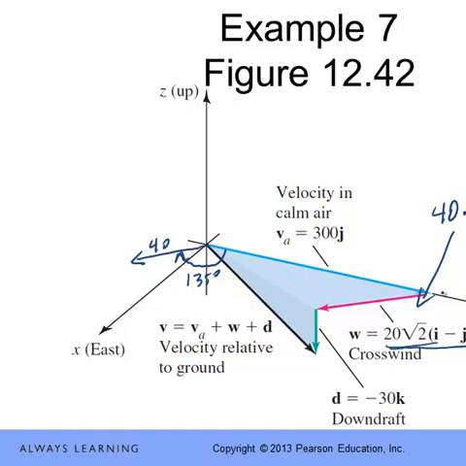And then we have a downdraft of 30 knots, which means that we have this force, or this motion, I should say, at 30 knots in the negative z direction. So that's a simple vector for us to write here.